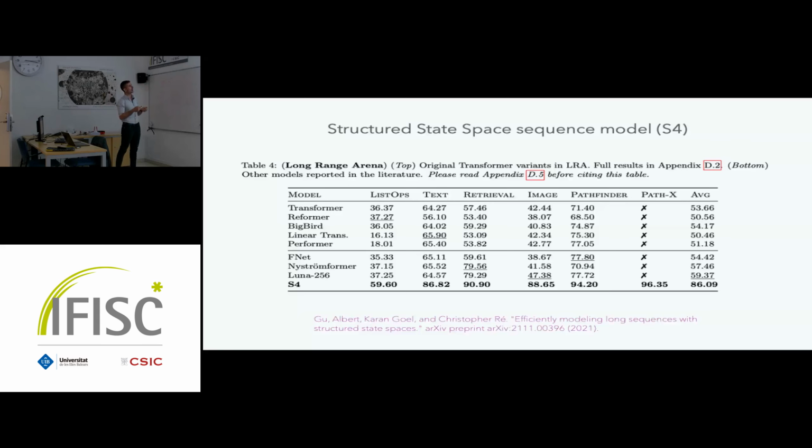And like I said, this is the pool of Long Range Arena tasks. This last line is the workhorse state space model, S4, and it beats all of the transformers. In particular, on a very complicated version of the Pathfinder where you have very big images, all of the transformers could not effectively propagate the information in a proper way, so they achieved 50% every time. This one reaches almost perfect classification.